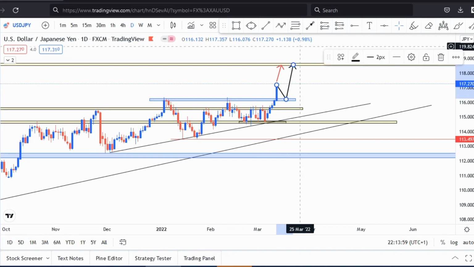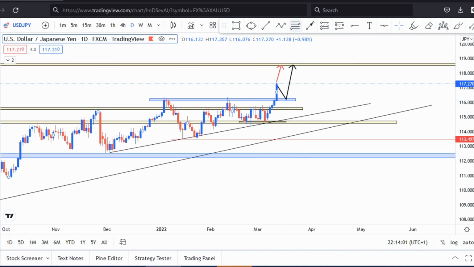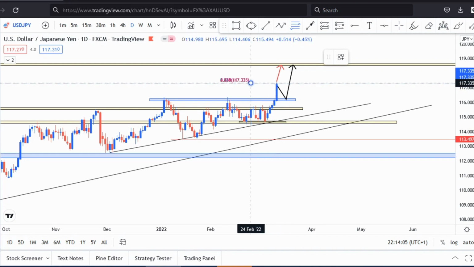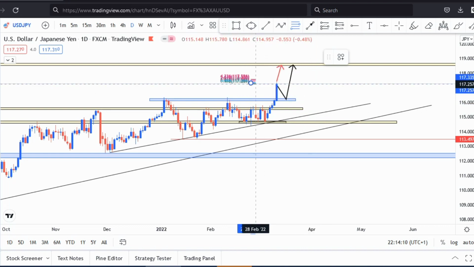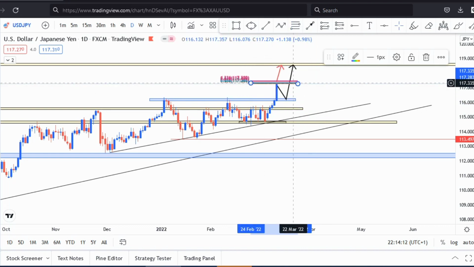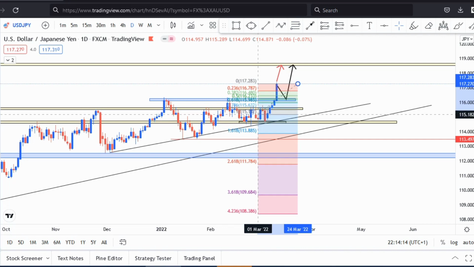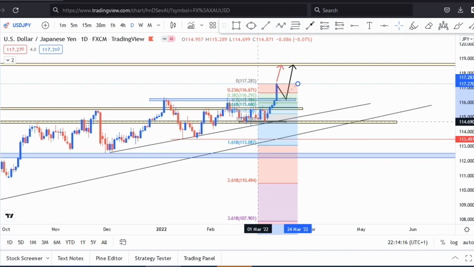If by chance price does retrace from where it is currently, you'll be able to see that that level falls as part of one of the Fibonacci levels.